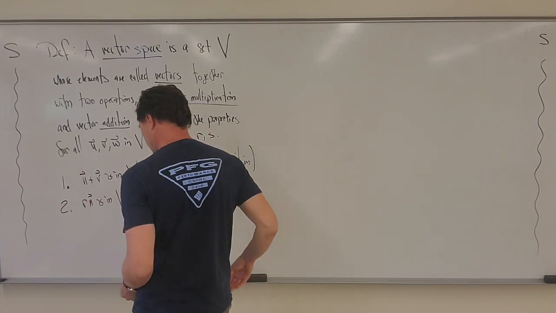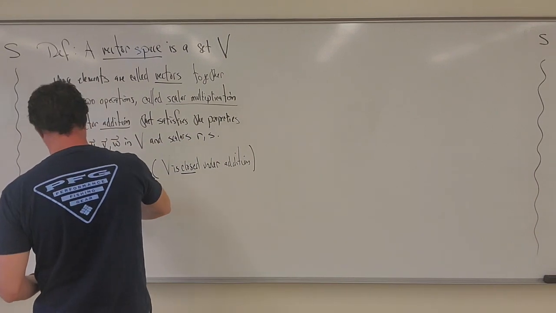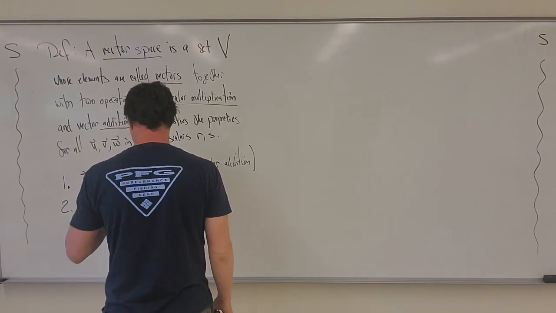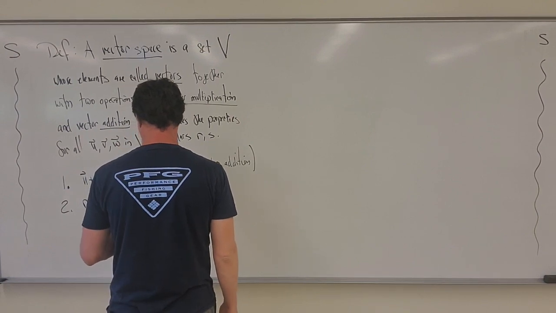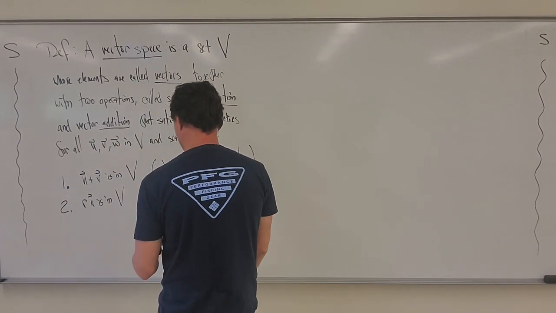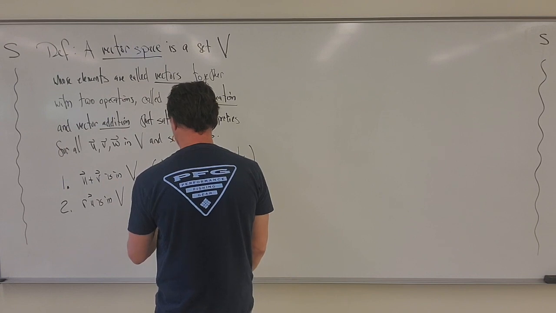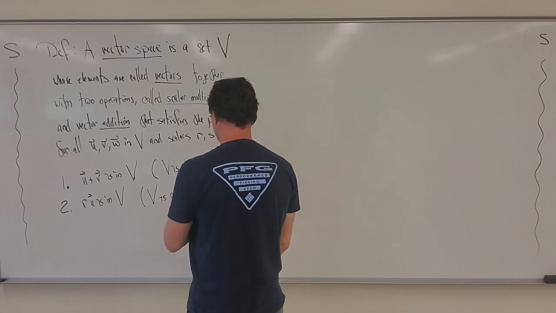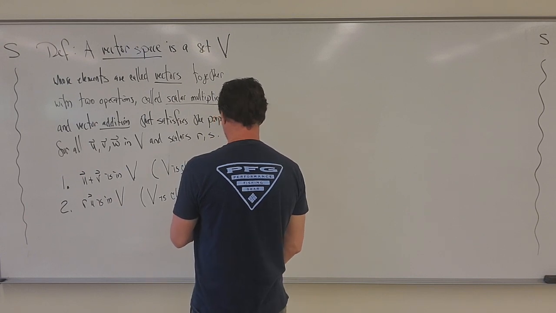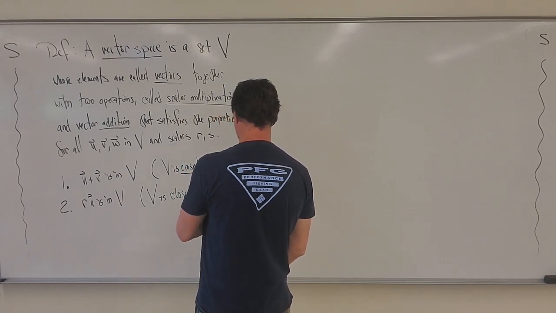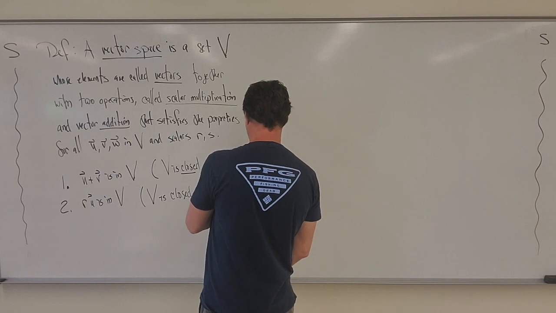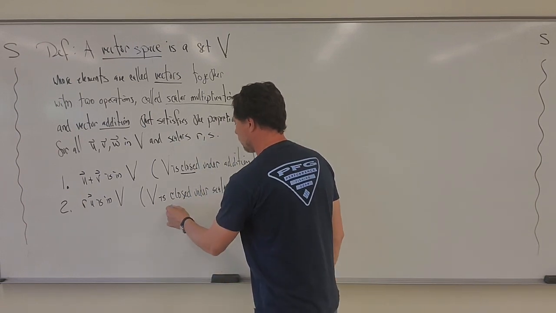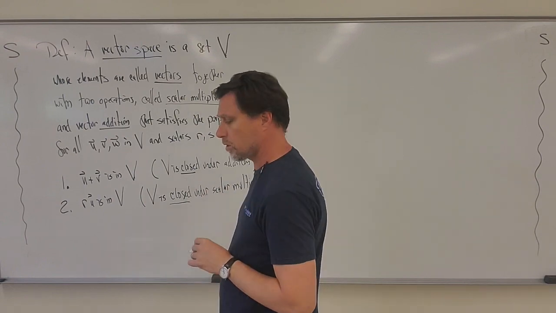So here we go, back to here, R times u is in V. The words that we say here: V is closed under scalar multiplication. So those are the first two properties.